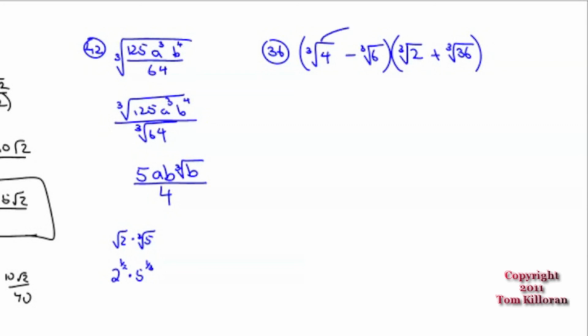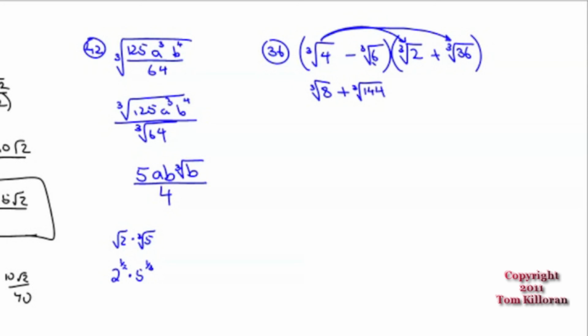So cube root of 4 times the cube root of 2. Cube root of 8. Cube root of 8, we'll leave that for now. Cube root of 4 times the cube root of 36. What is it? 144. So it'd be positive the cube root of 144.